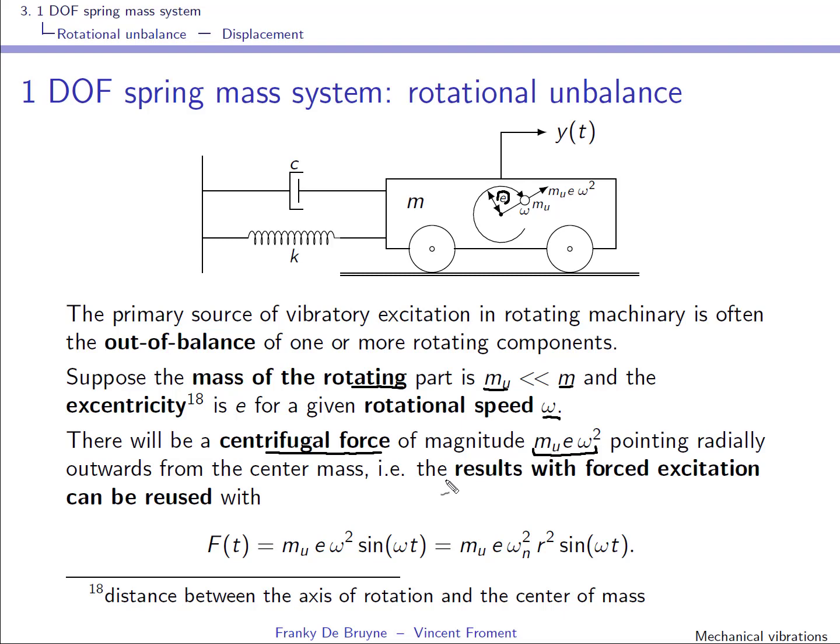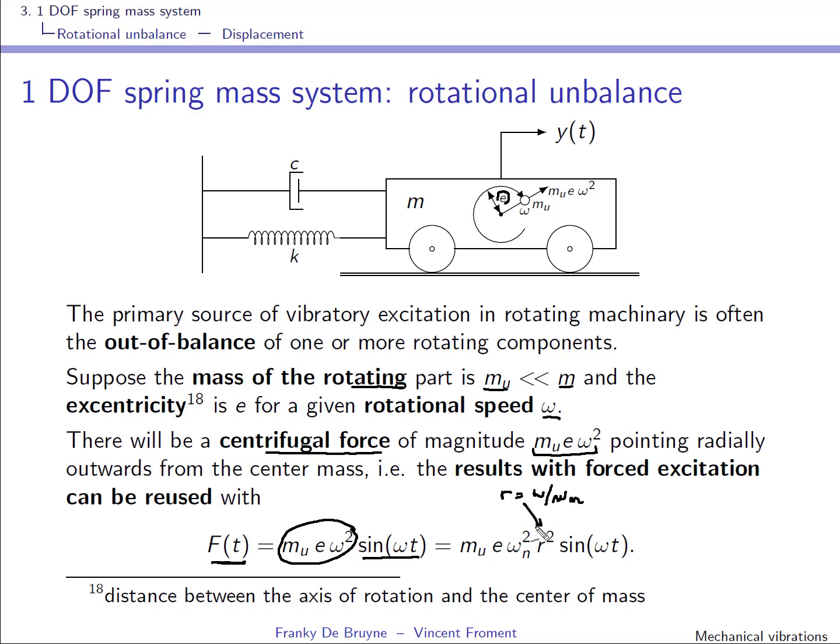Okay, so what we can do then is reuse the results that we had for an external force excitation. So we take simply f of t to be equal to the magnitude of the centrifugal force times this sinusoid, right? If we want to write it in terms of R, we know that R is omega over omega n.